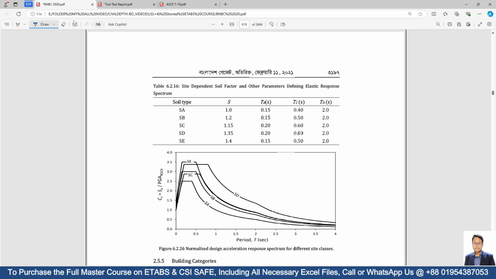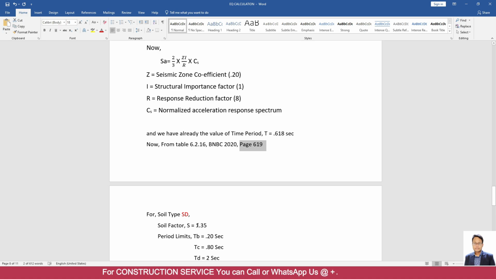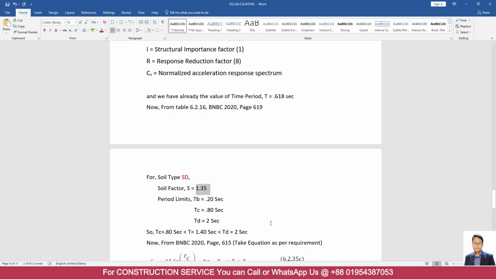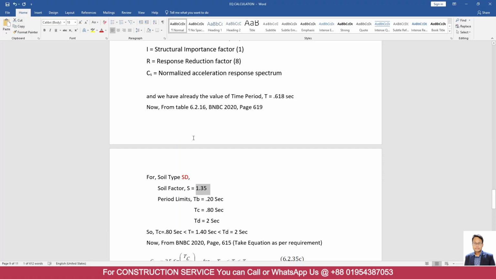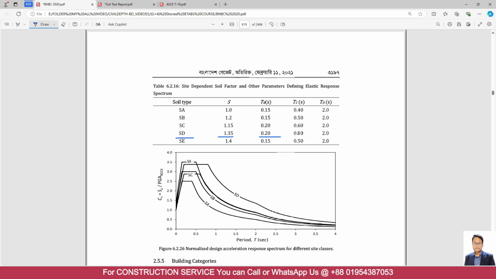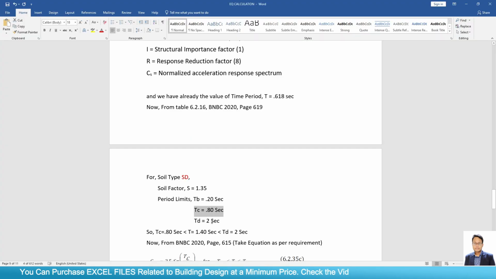Now we have to go to page number 619 in BNBC 2020, 619 here. We can see for soil type SD, S value is 1.35, value of TB is 0.20, value of TC is 0.80, and value of TD equals 2 seconds.